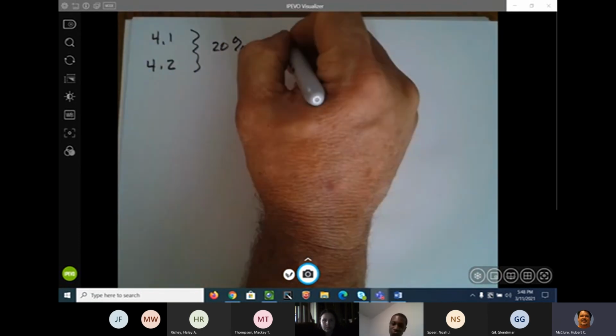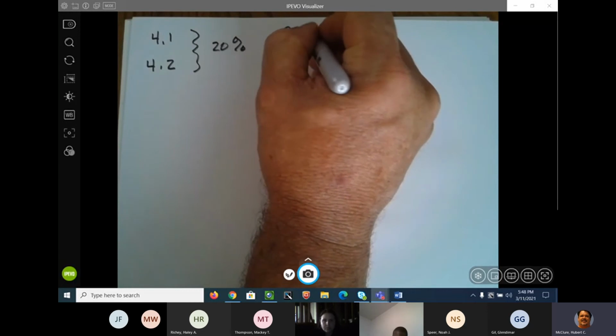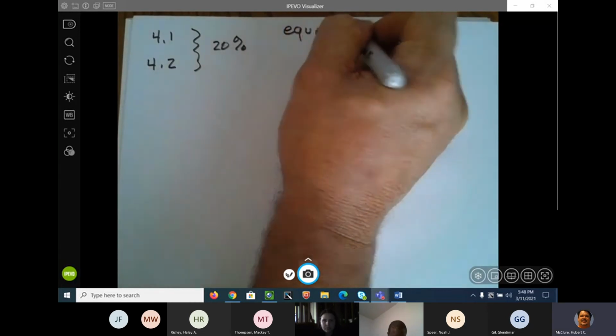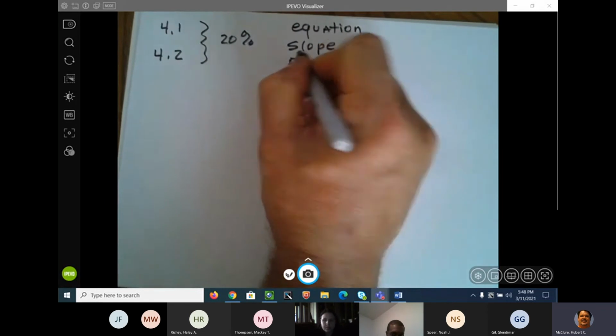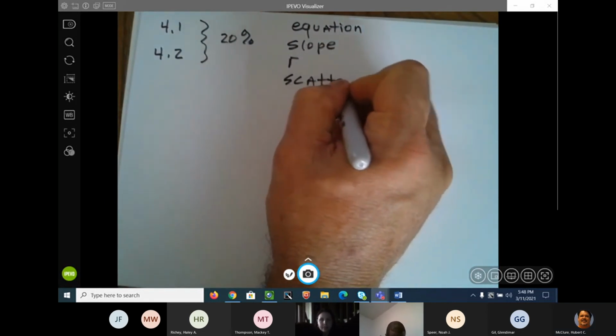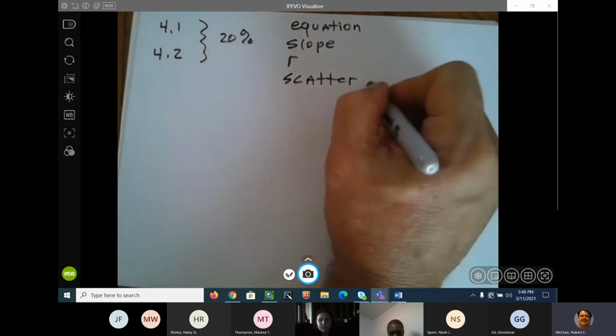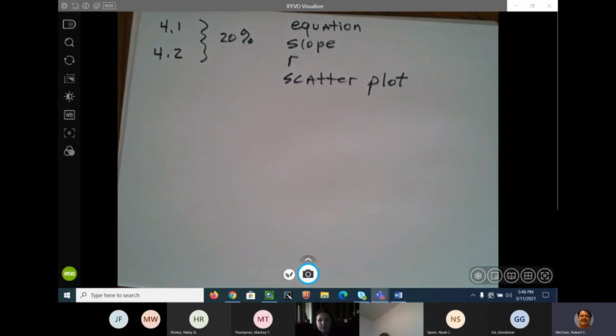And that's going to be the equation of a line, the slope of a line, R, and the scatter plot, and being able to tell if there is correlation or not. Negative correlation, positive correlation, no correlation, and that type of deal.